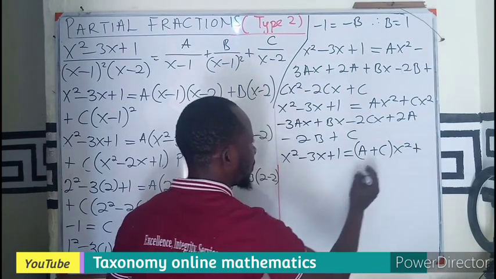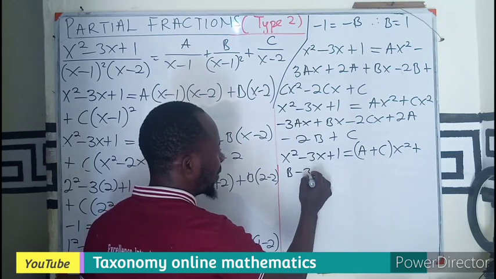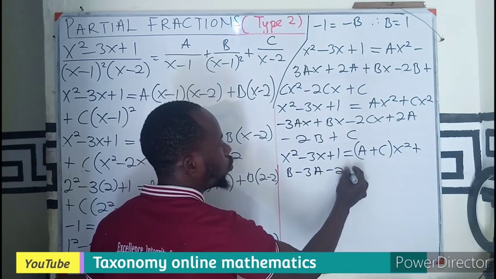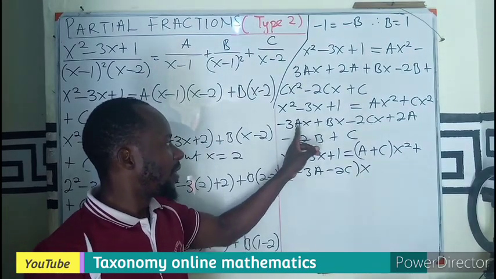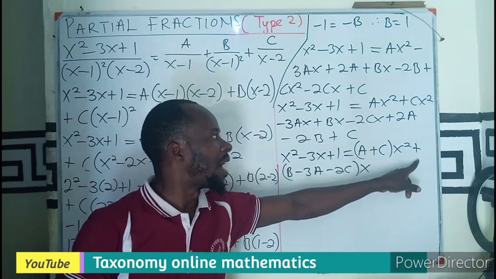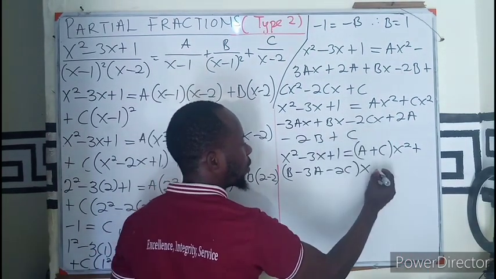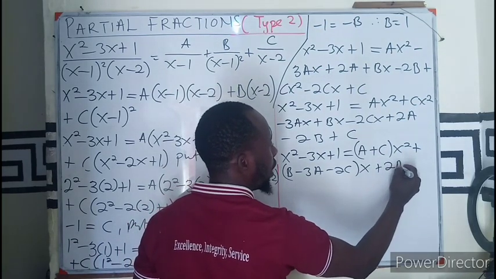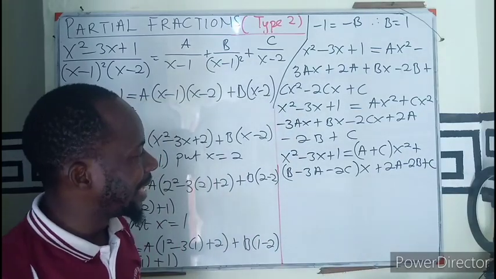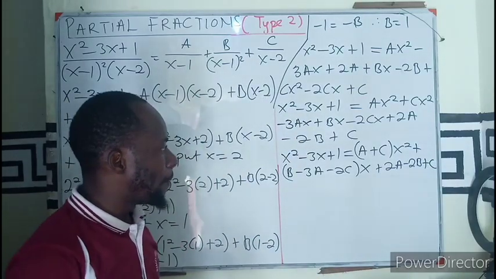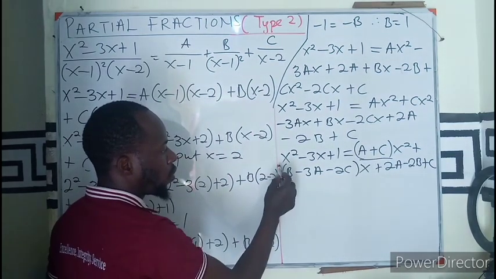So I have plus b minus 3a minus 2c, all into x. I'm only shifting this inside so that I'll begin with the positive as I have there. Then I'm left with 1, 2, 3. So plus 2a, minus 2b, and plus c.